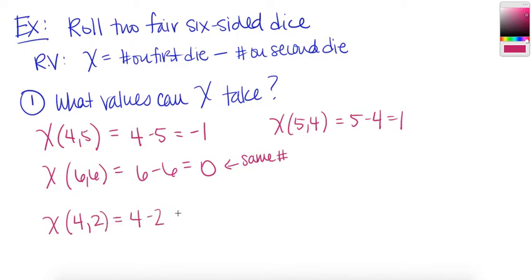The outcome would be 4 minus 2, which is +2. We could also get that same set of numbers, but the other way around, where the first die is 2, first die minus second die is -2. And so maybe pause and think to yourself about what types of outcomes we could get.